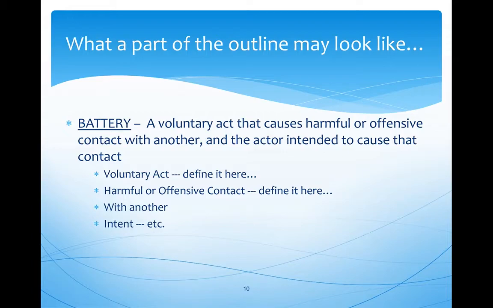Perhaps in my outline, under battery and voluntary act, after I define the rule and its elements, I write voluntary act, and then I say epilepsy case. It's not voluntary if you're having an epileptic seizure. It's voluntary if you intend to raise your hand, if you intend to touch. So again, intentional touching that causes harm or offense to another.